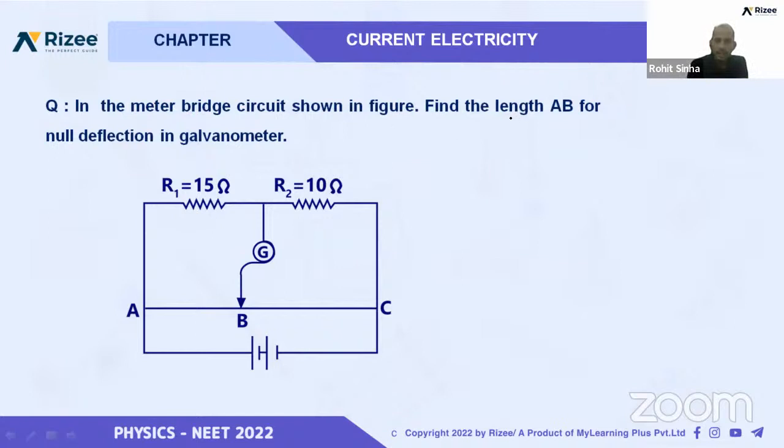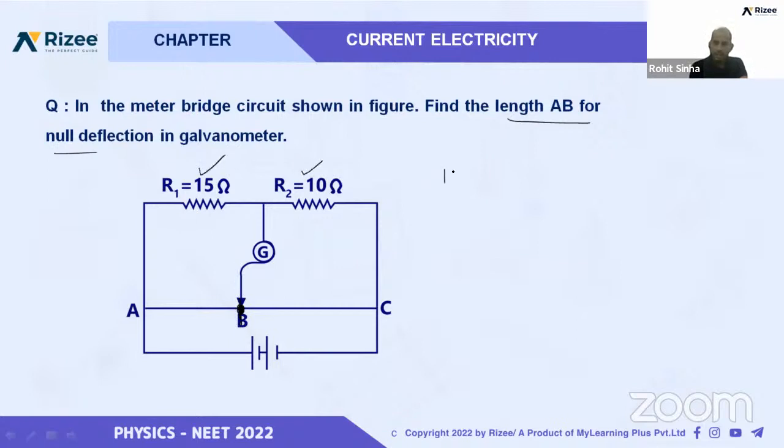What is it telling? It is telling that for length AB we are getting null deflection here. Null deflection means it is balanced. We will take the ratio of both of them.